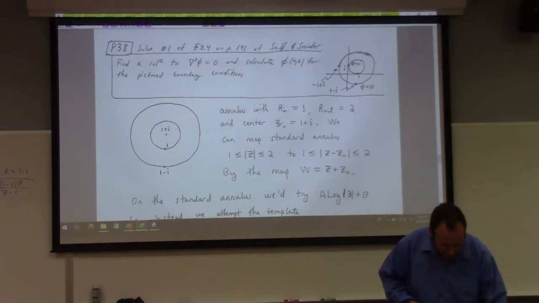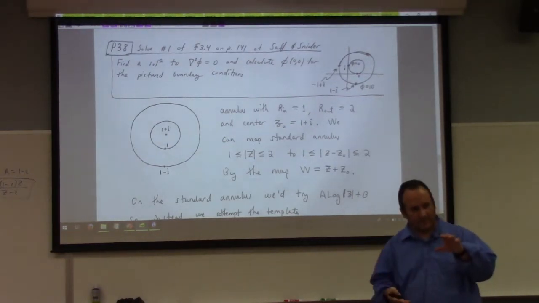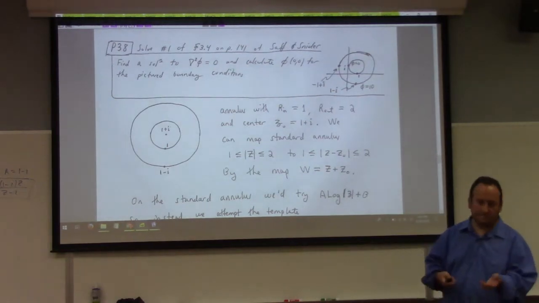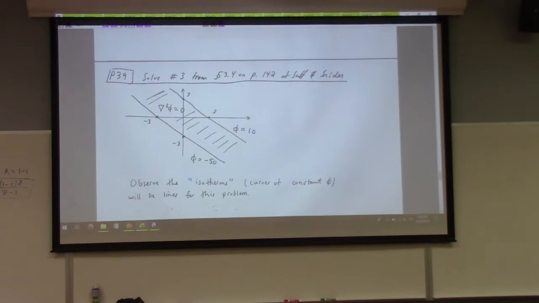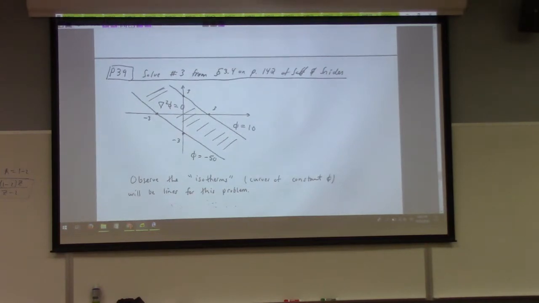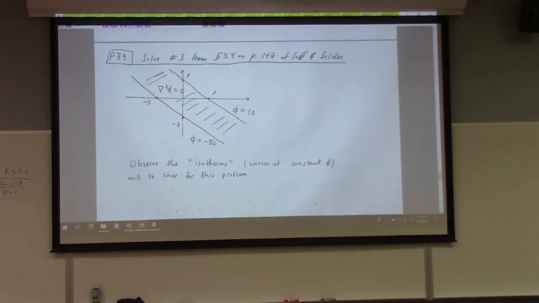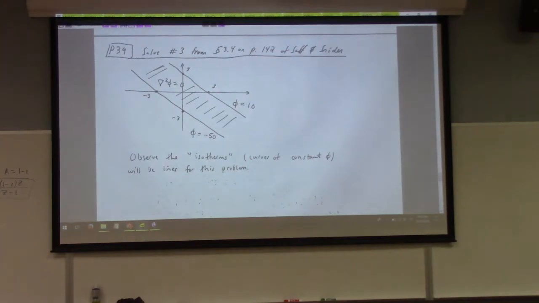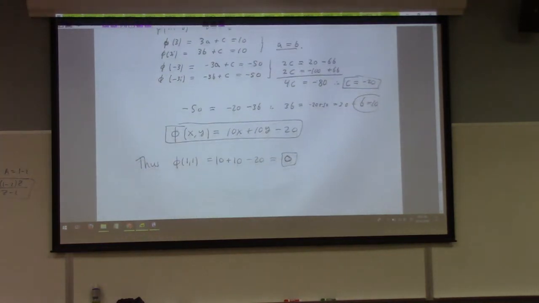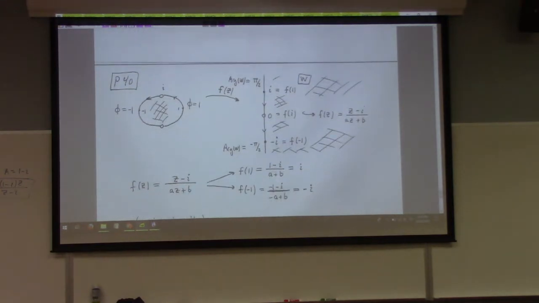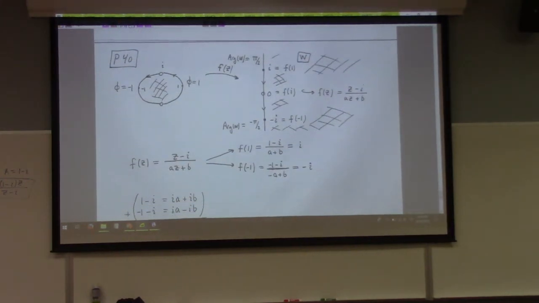So here we have 1. So you want 1 on one side and minus 1 on the other, right? And a solution to Laplace's equation. I think that's this. This was the other problem I have. That's not the one I assigned you guys. I thought it was too easy. Kidding.